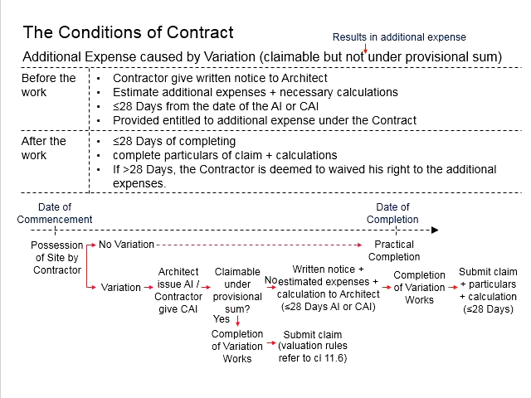Having this notified to the architect, the contractor may proceed with the work until completing the work for the variations. Once it is completed, within 28 days, the contractor must claim for the work. Otherwise, the contractor is deemed to waive his right to the additional expenses. So within 28 days, the contractor will need to submit the claim plus the particulars and also the calculations to prove the entitlement for the claim.